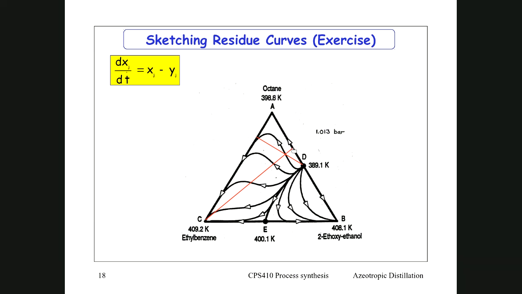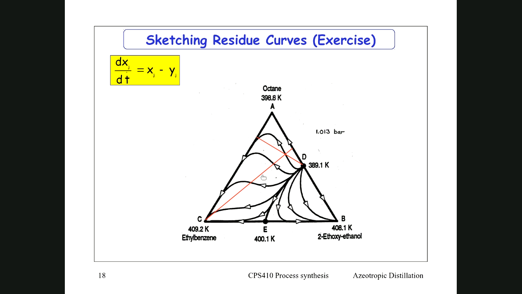Clearly that's going to be the bottoms because it's the least volatile. That will be the distillate. For this column, represented by the other red line, this will be the distillate, and that will be the bottoms because of the direction all of the arrows are pointing. Arrows always point to the least volatile component.